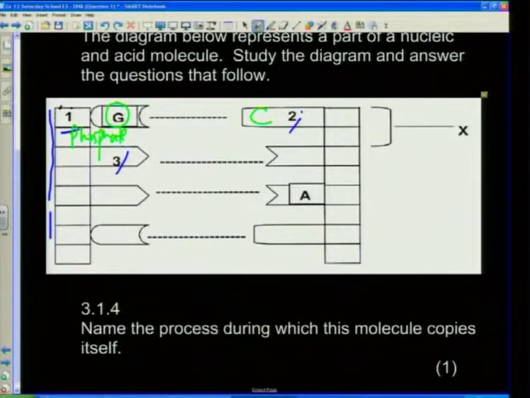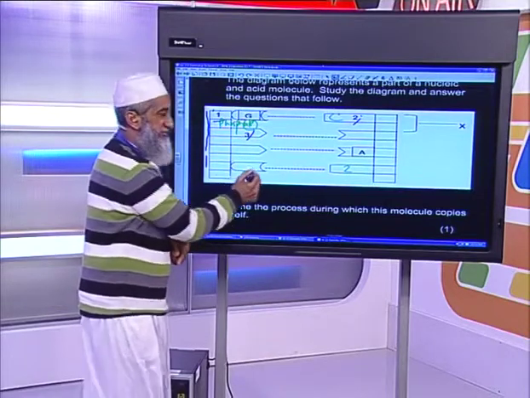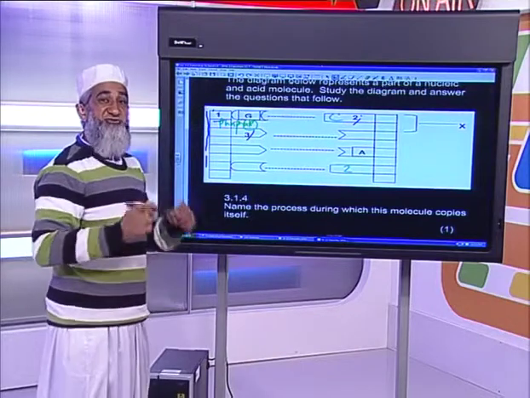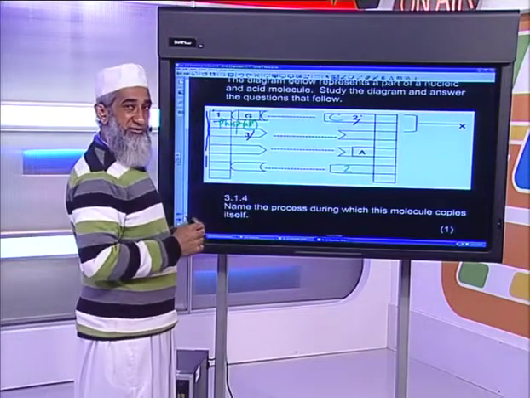Sometimes what the examiners do, they give you a G on the top, they give you another here at the bottom. Look at this one here. We could have put 2 here. Now, there's no G on this side. However, look at the shape of this molecule here where they got G, and look at the shape of this molecule. Obviously, the shapes are the same, so this would be G, so it would then make sense that this is C as well. So you've got to be very sharp when you're dealing with that type of question.